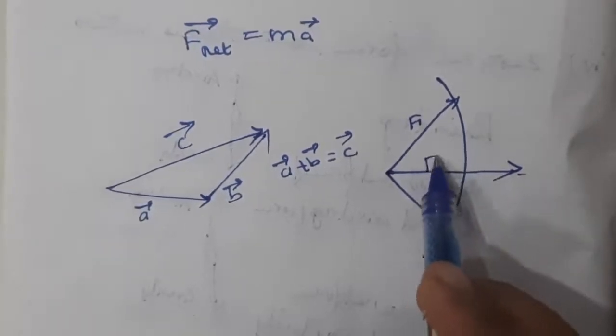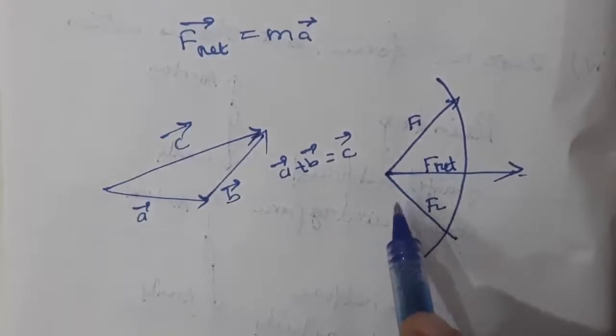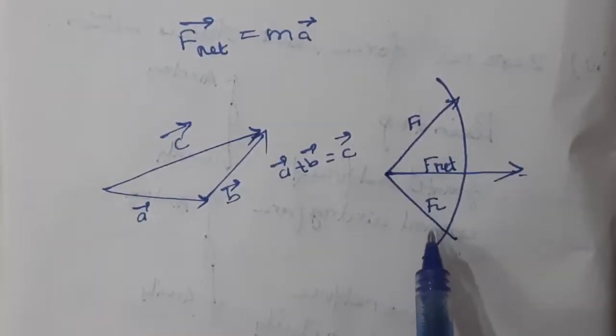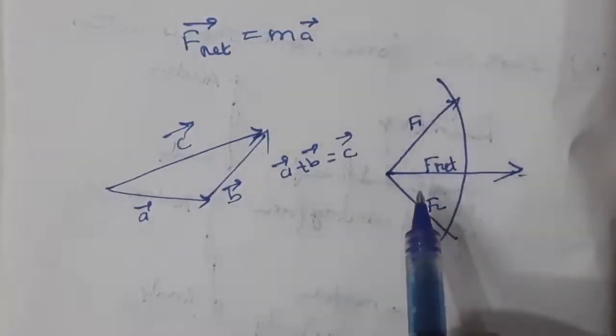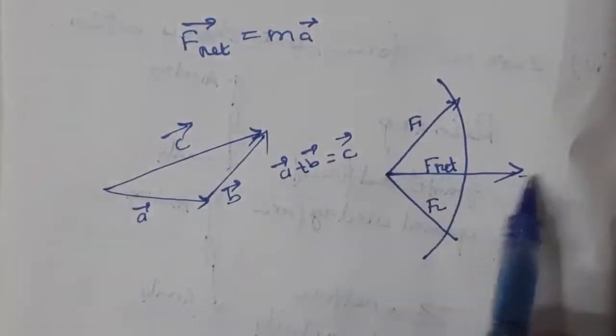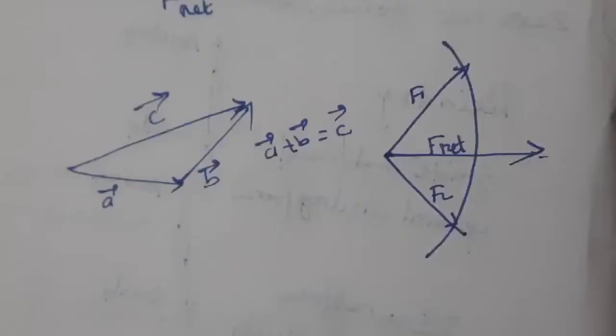So this is the net force direction. F1 and F2 are the two forces acting along the string. So the arrow passes along the net force direction. Here the direction of acceleration is in the direction of net force.